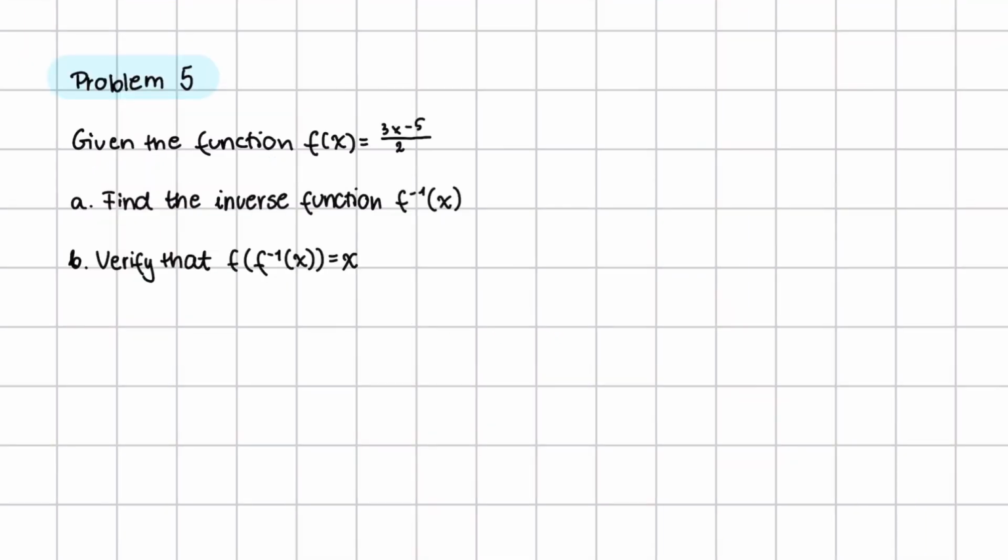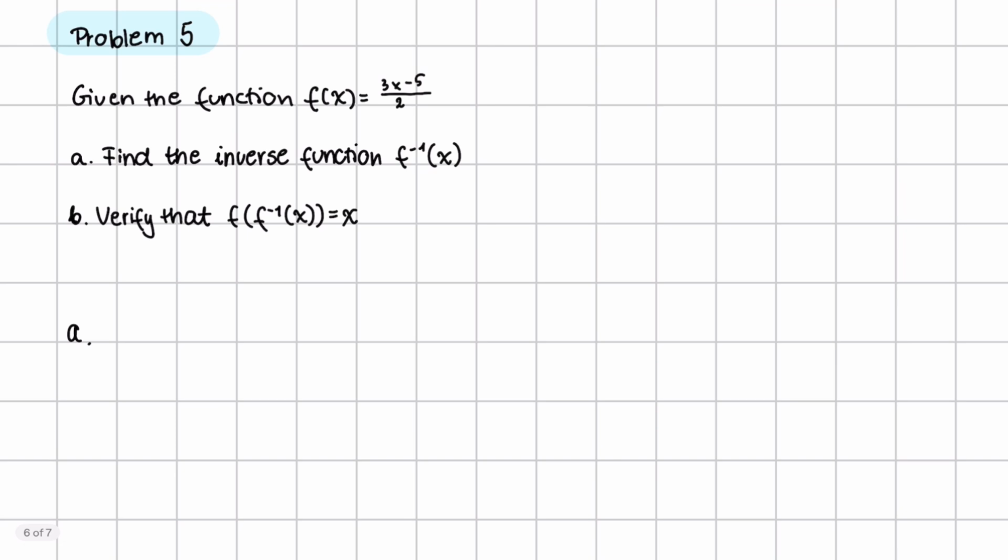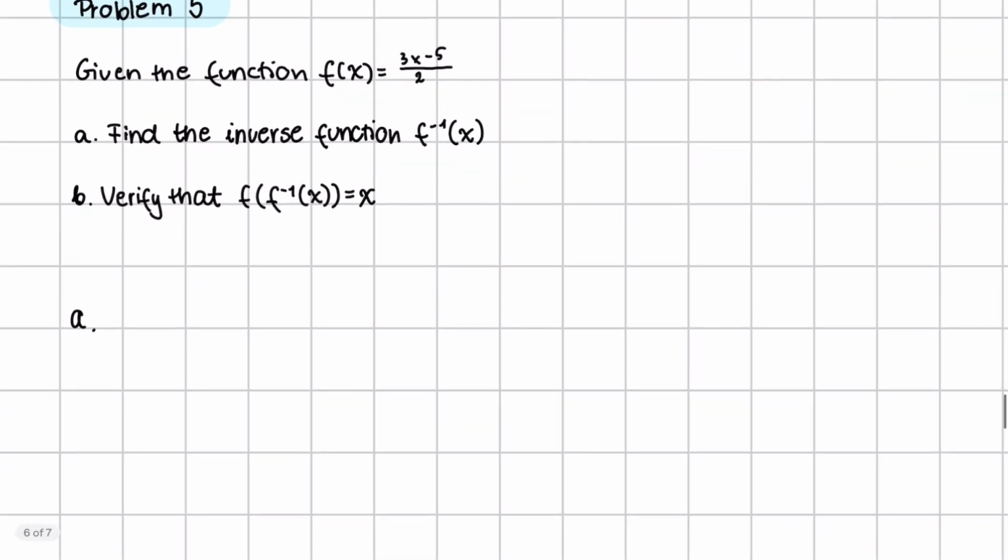Problem 5, given the function f(x) equals 3x minus 5 over 2, in point A we have to find the inverse function. If you watched my videos from the number and algebra chapter, we already solved this kind of problem. However, now we will do the same, so we have to find the inverse function. As you remember, in an inverse function, our f, so our y, because f in a function is the same as y, is swapped with x.